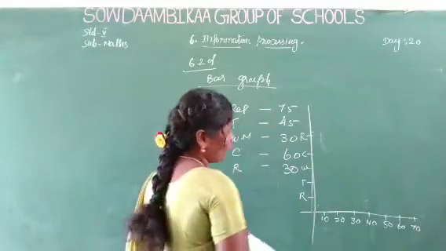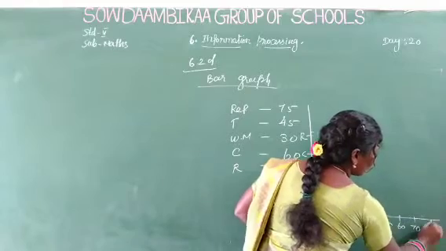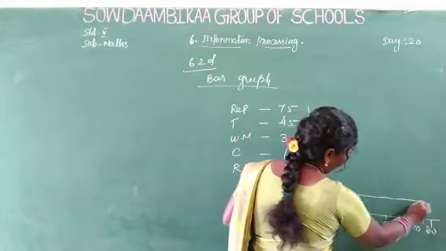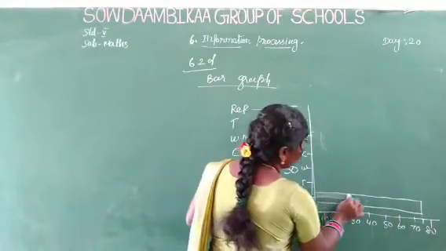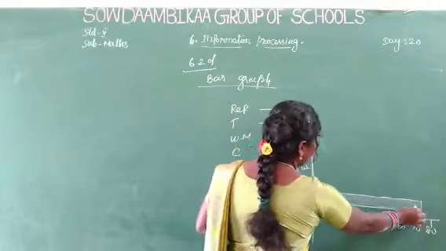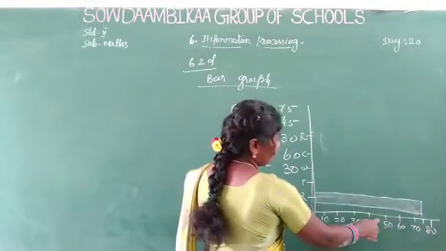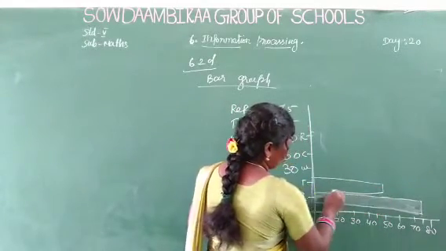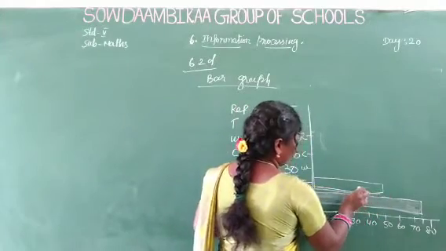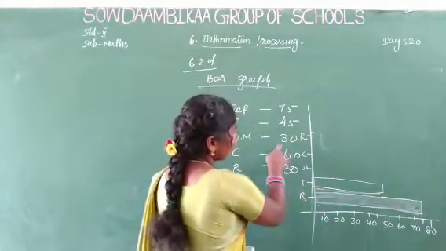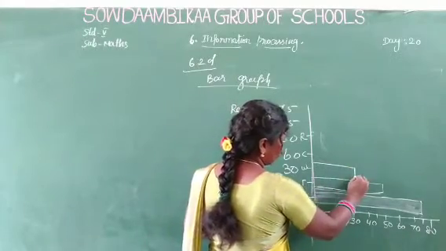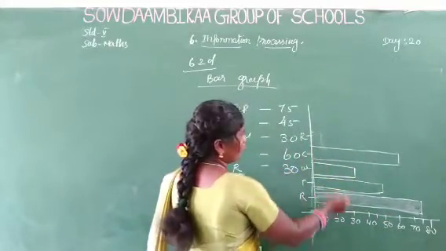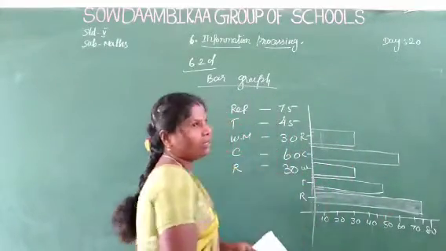Refrigerator how much? 75. 75 is between 70 and 80, so this is the refrigerator bar. Next, television how much? 45, between 40 and 50. Next, washing machine 30, exact 30. Next, cooler 60. Next, radio 30. Okay, this is a bar graph.